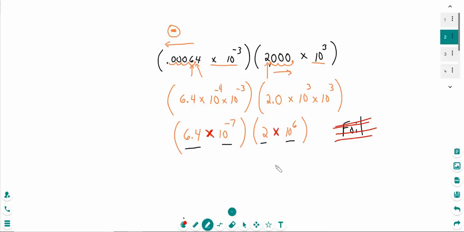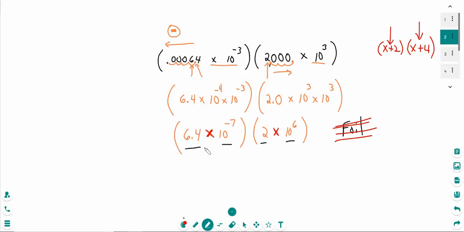FOIL and distributive property in general only applies when we have some sort of addition going on. So if I have x plus 2 times x plus 4, yes, this would require FOIL. Why? Because these are being added. They're not being multiplied. Here they're being multiplied. So very, very different, okay?